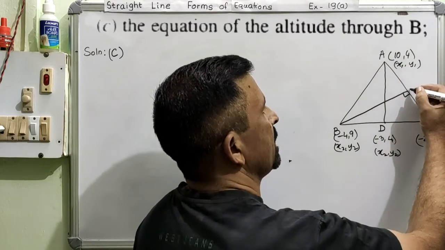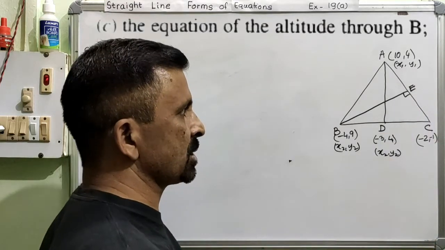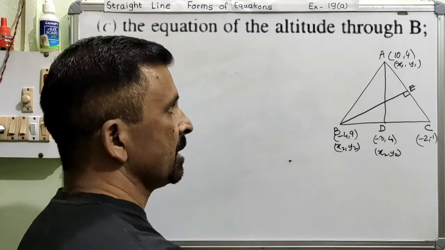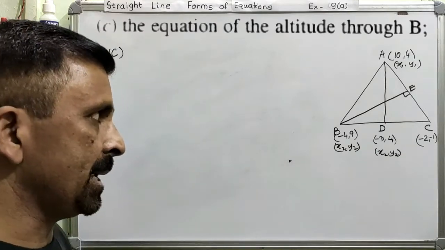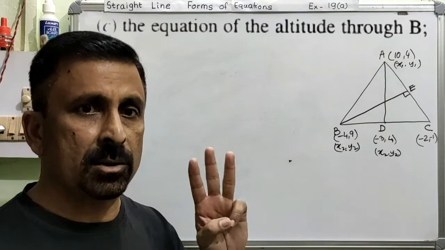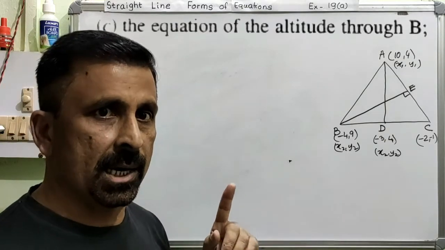Am I very clear? Name this point as E. So now the next question is to write the equation for the altitude passing through B. That is, write the equation of line BE. Now, you know that there are three formats of writing the equation of a straight line, right?